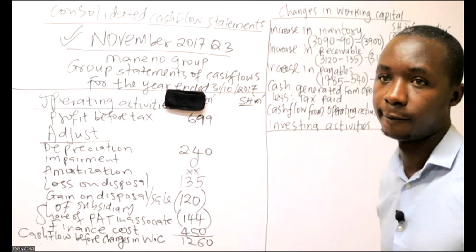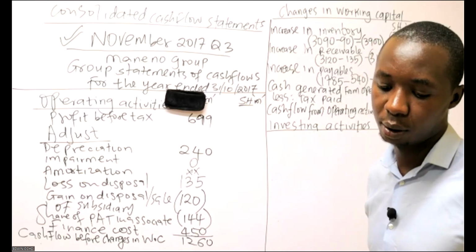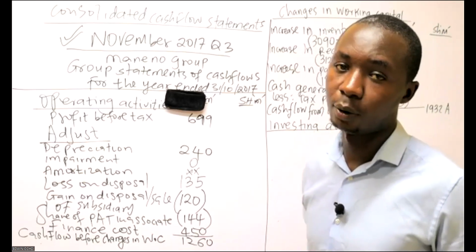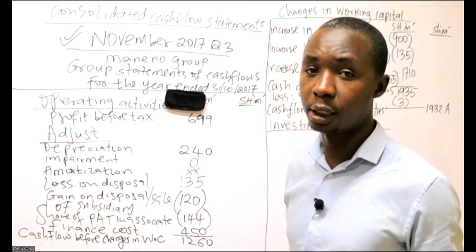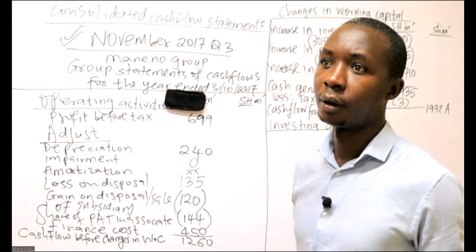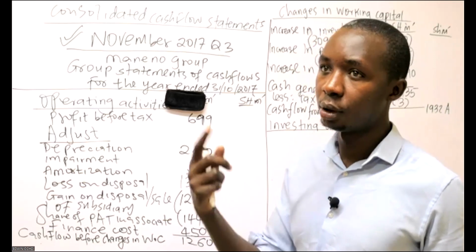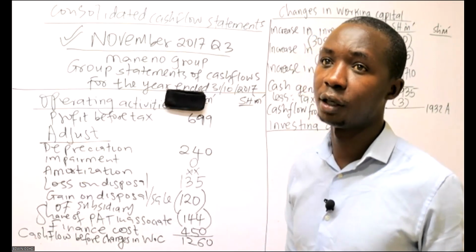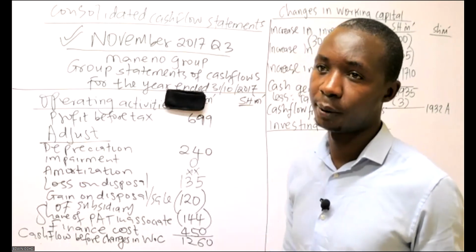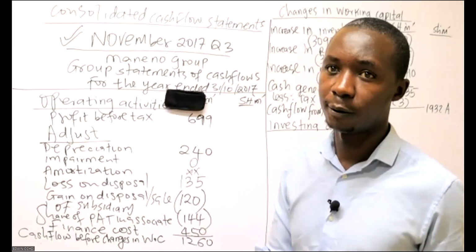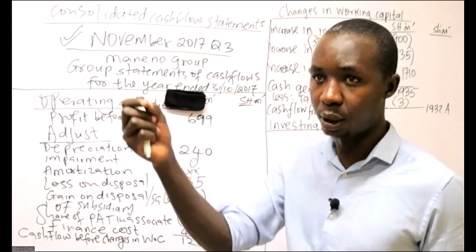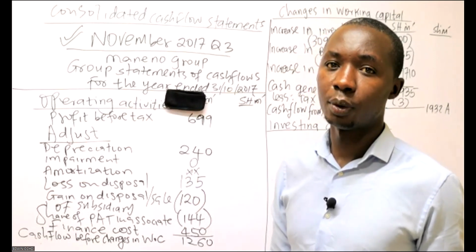The first thing, I will check if we disposed an asset, what we received, cash received. Mostly for disposal, we do analysis of the property, plant, and equipment so that we determine what we paid on the disposal of assets.